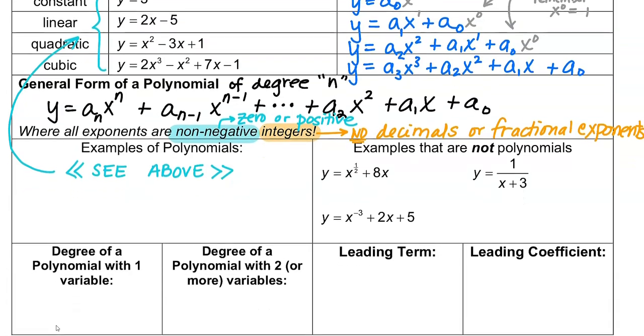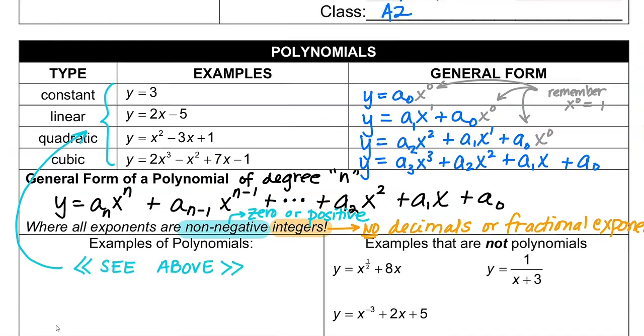So let's say that all of these had all their lower terms, like if it was x to the first power, like here it was x to the first, and then it was followed by a constant, and then we had a second, a first, and a constant, and then we had a third, a second, a first, and a constant. But there's nothing that says you have to have every single place represented.